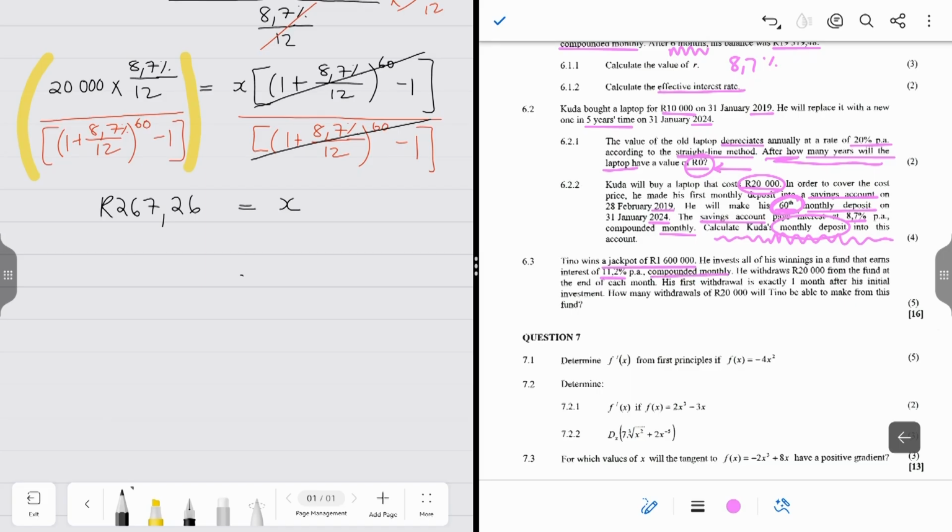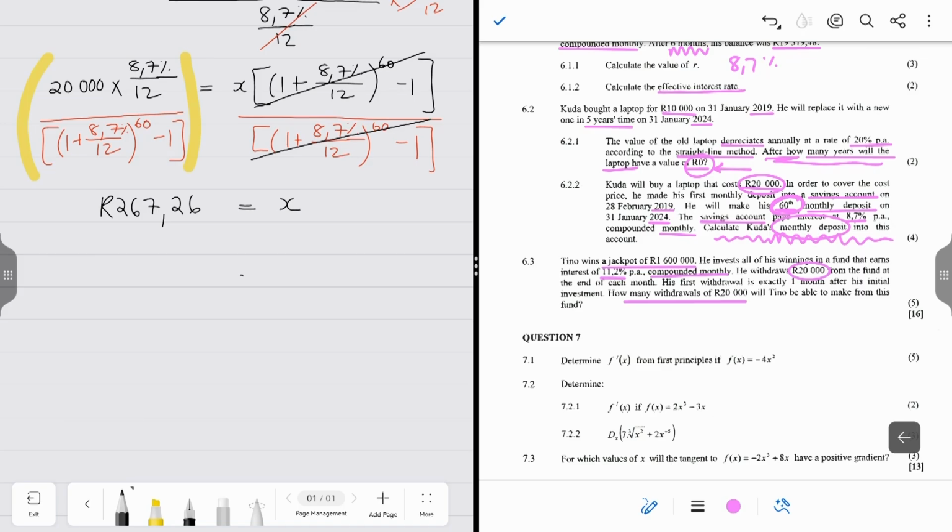He withdraws 20,000 from that fund that is gaining interest. And his first withdrawal is exactly 1 month after his initial investment. Okay, so that's normal, 1 month after.